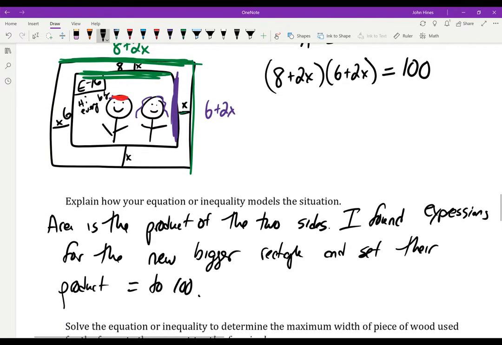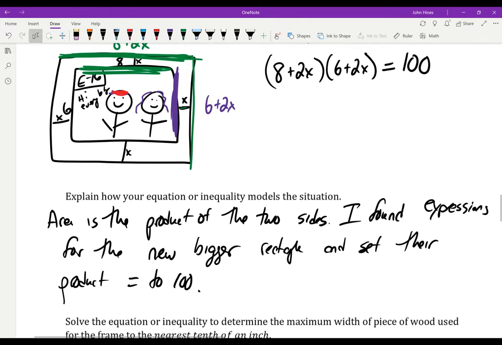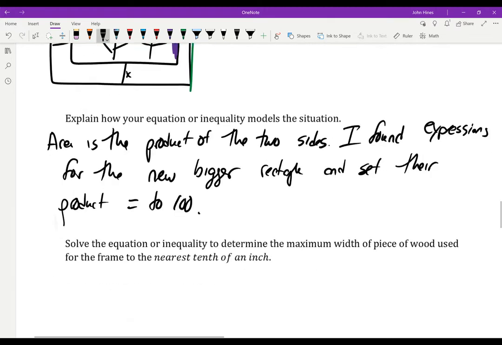So area is the product of the two sides of a rectangle. So I found expressions for the new length and width, right? That's the new length. It's not the 6 by 8. It's 6 by 8, but I stuck on that frame around it, so I got a little bit more work to do. So I found the bigger rectangle and set the product equal to 100.